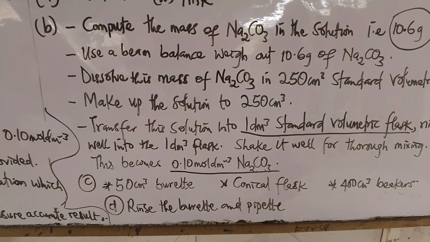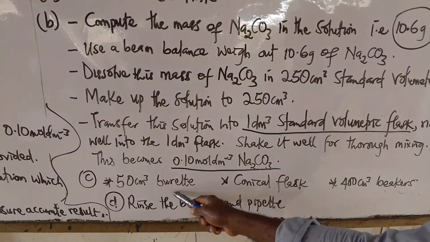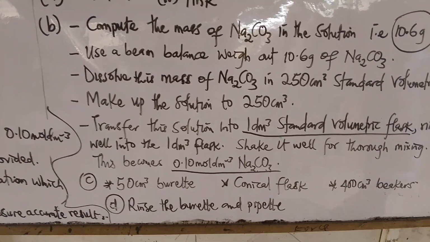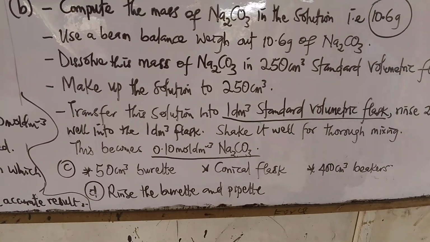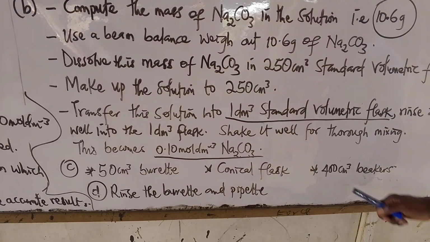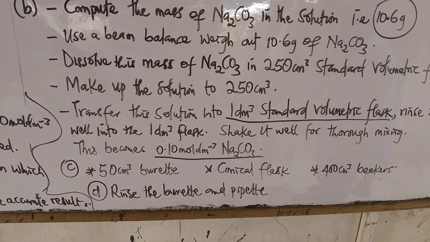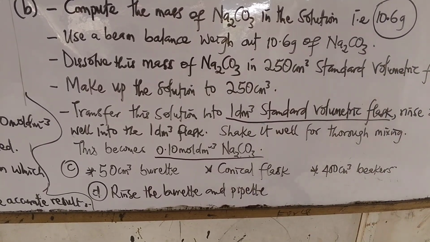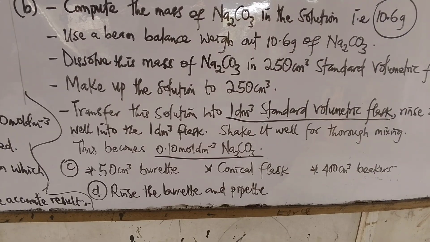So you are required to use a 50 cm cube burette, conical flask, and a 400 cm cube beaker. So those are other things that you can use which are not listed in the question above.